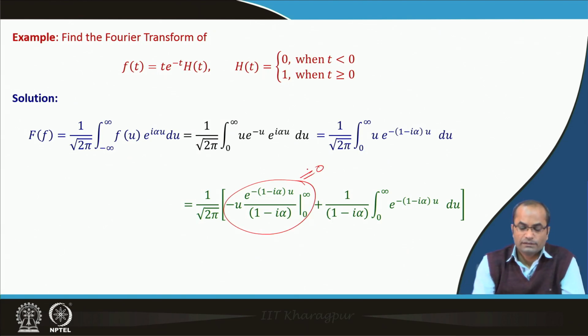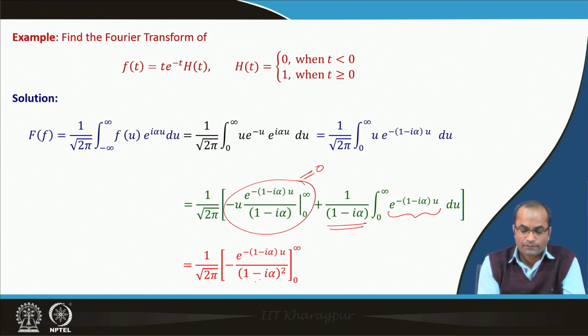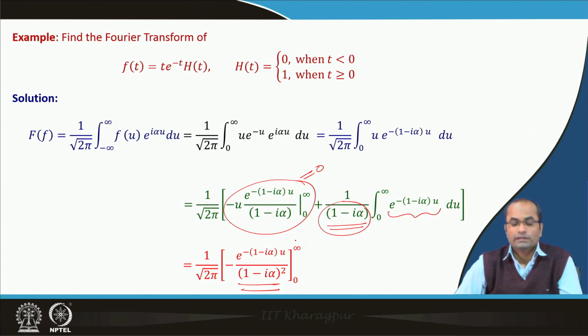So this term will no longer be there, then we have 1 over 1 - i alpha, and if we integrate this, we will get one more such factor, (1 - i alpha) squared, and here e^(-(1 - i alpha)u) with the negative sign, from 0 to infinity.